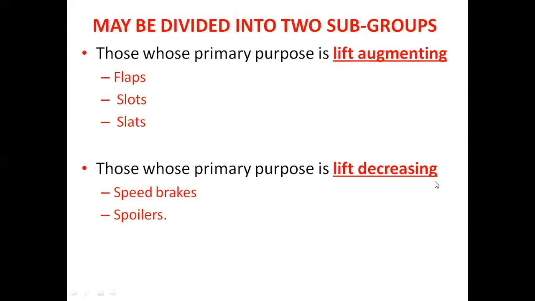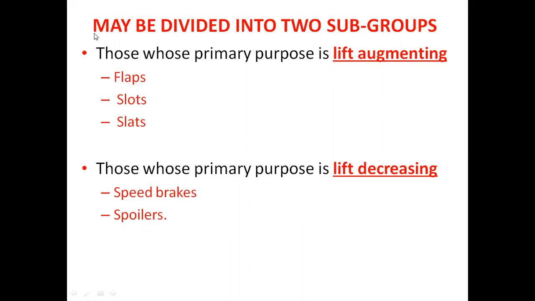Second, lift decreasing devices, or drag inducing devices. These are devices whose primary purpose is to decrease the lift or induce more drag. They are said to be speed brakes and spoilers.